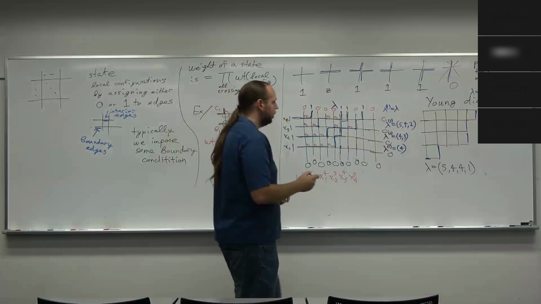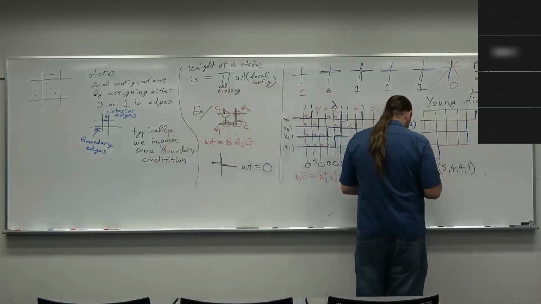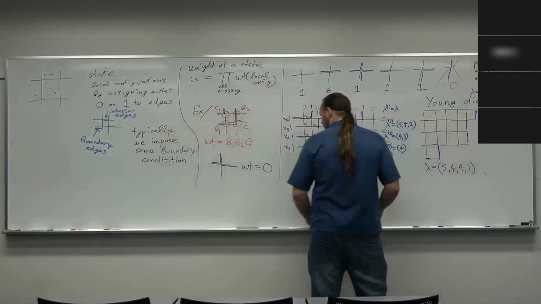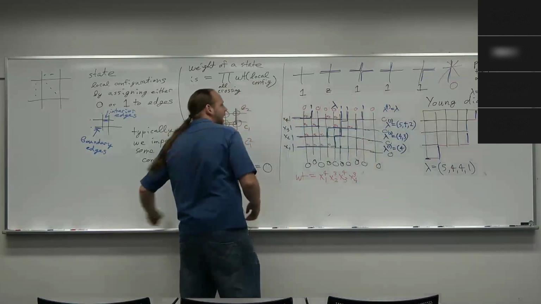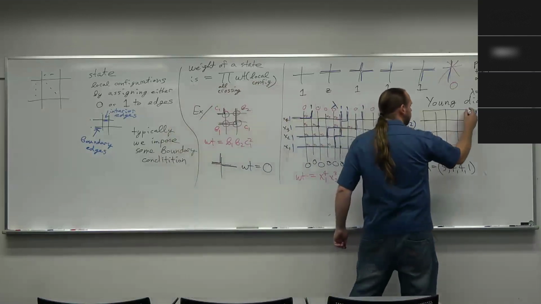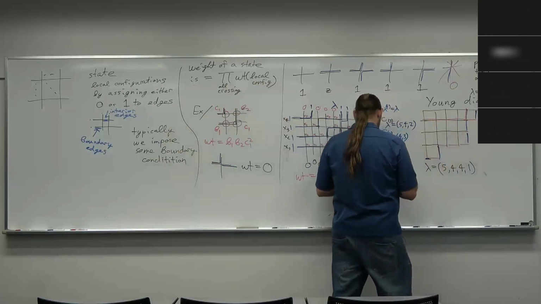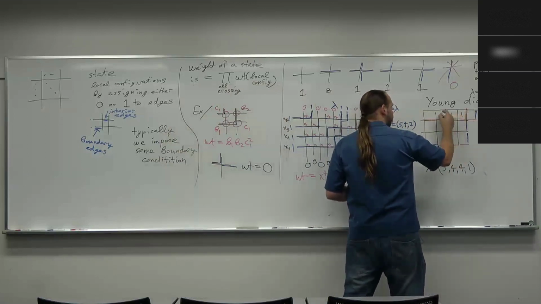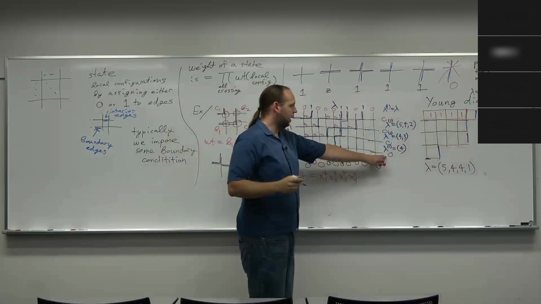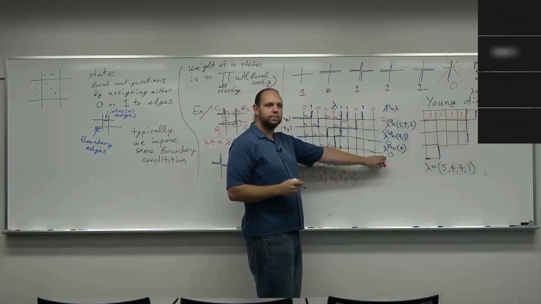So now, let me wish that I had more colors, but so be it. Let me fill in up to lambda 1 with 1s.